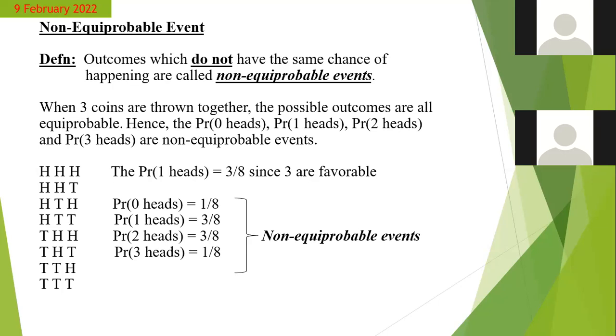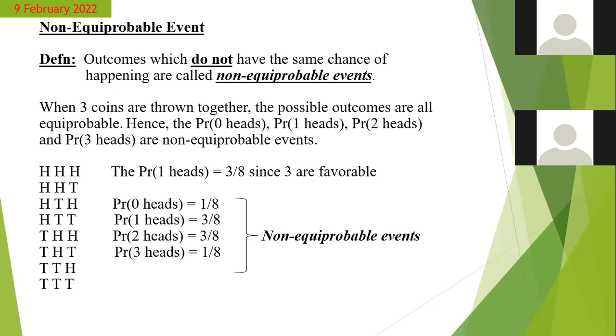Hence, the number of heads we could have is from the 3 coins. And remember, we're tossing 3 coins. That means when we toss the coins, how many heads can we get within one toss of the 3 coins.